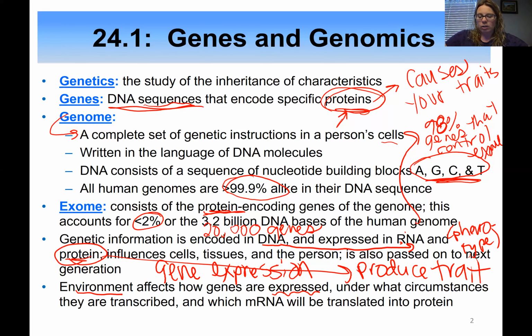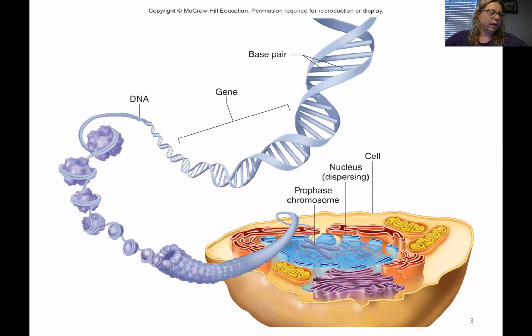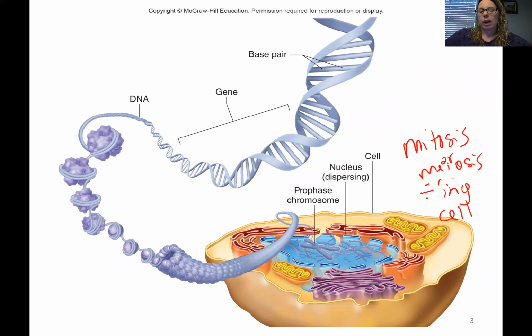Here is a diagram, and I like to really show this one. This is a dividing cell, a cell that's going through mitosis or meiosis. During that time, you can see the little X-like chromosomes that we typically think of as chromosomes.